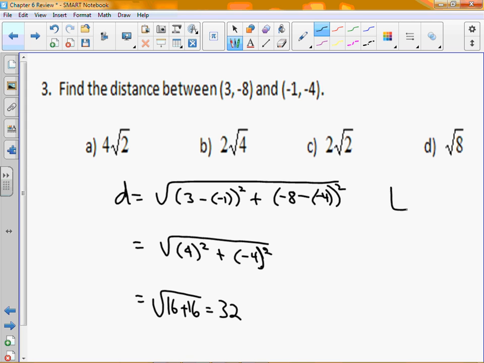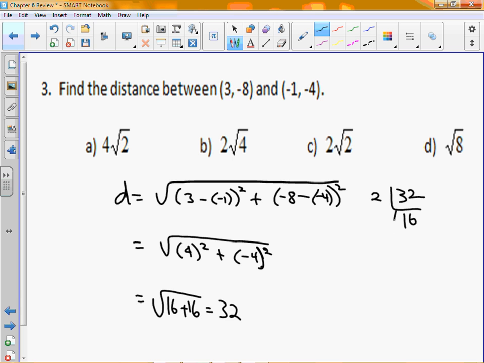You guys that wrote this, 32. 2 goes into there 16 times. The whole thing that we've been trying to find is perfect squares. That's the perfect square. The square root of 16 is not the square root of 4. The square root of 16 is 4.